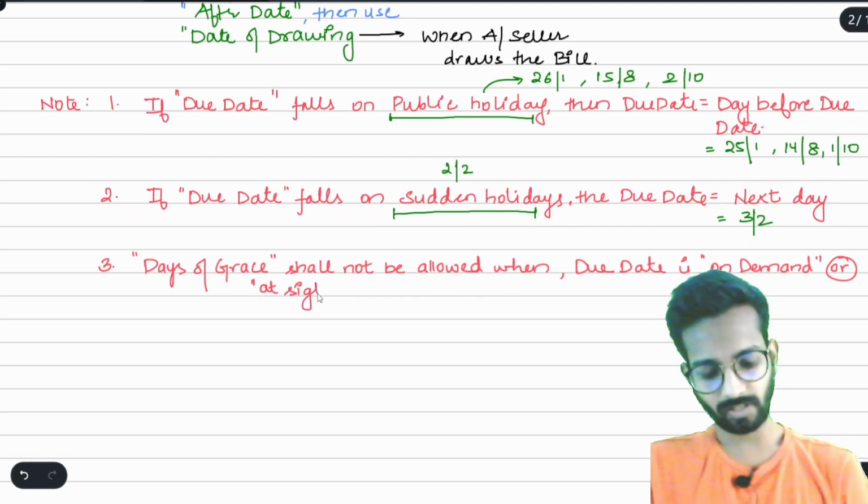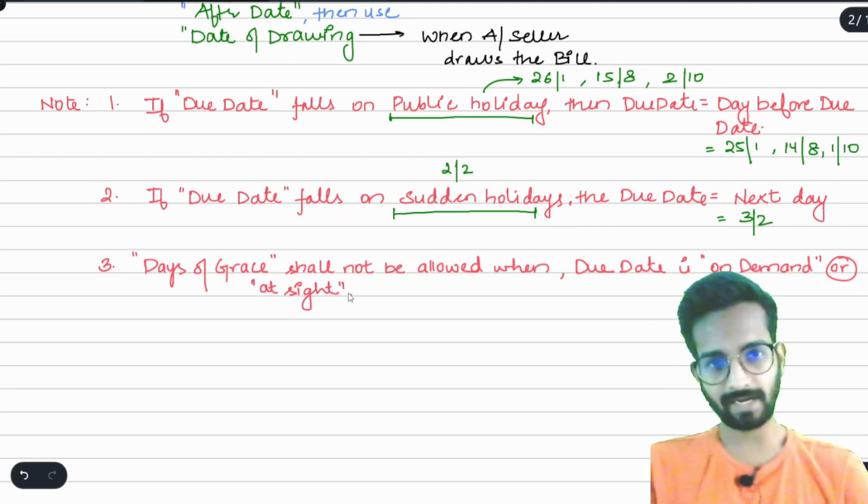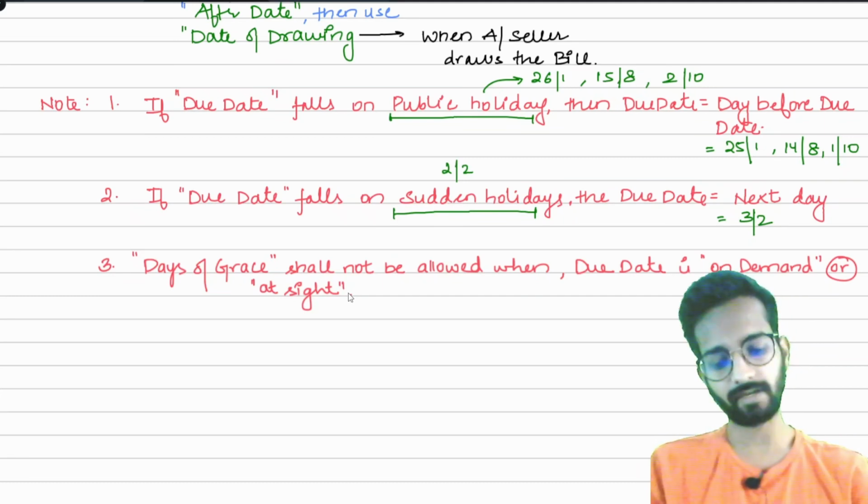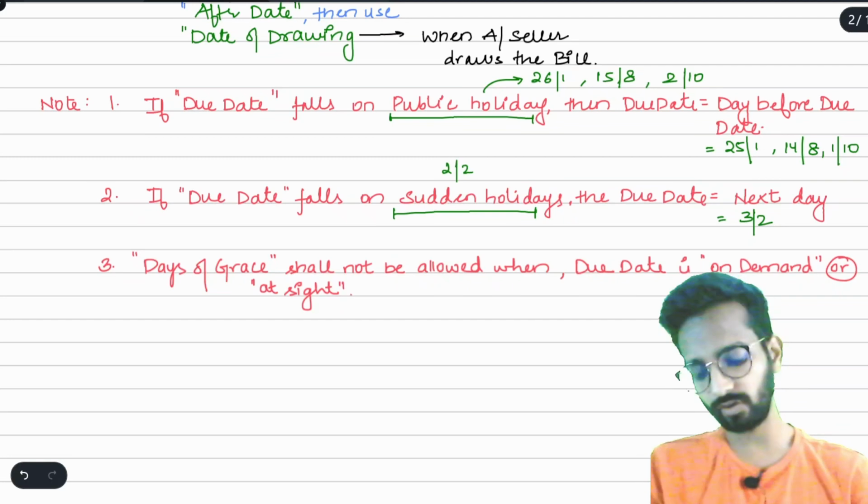What does it mean? If it is mentioned in the question that the bill is due on demand or at sight, then days of grace, what were the days of grace? 3 days, what we have to add, that will not be added. Simple enough. Now we'll do a few questions.